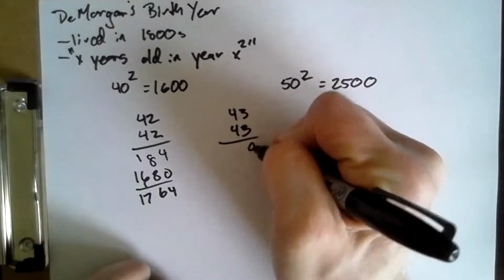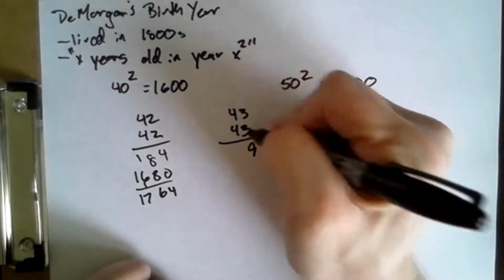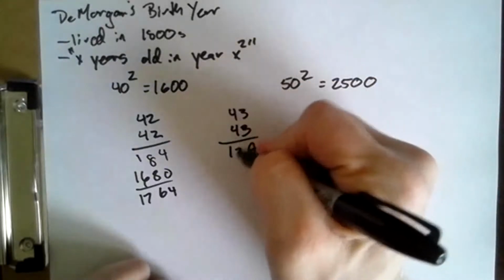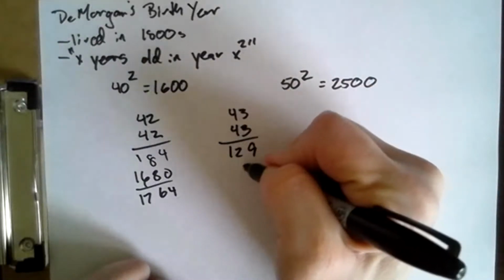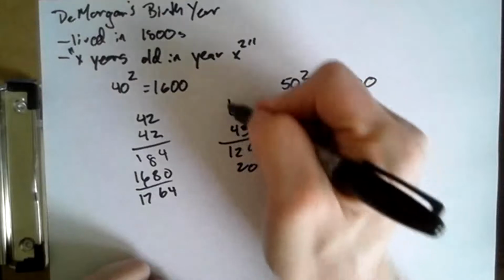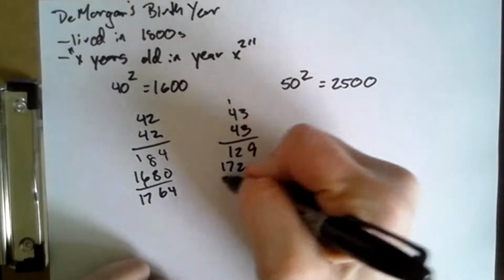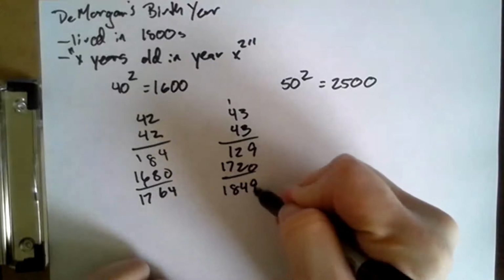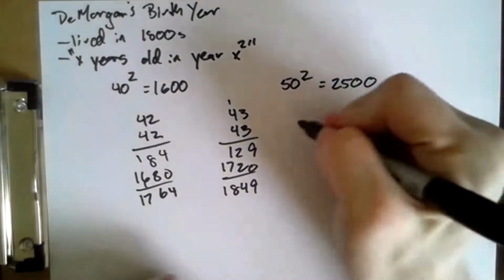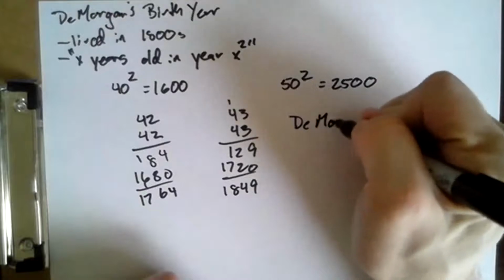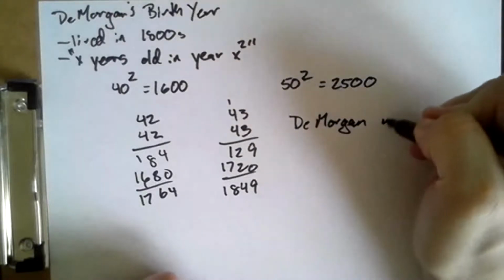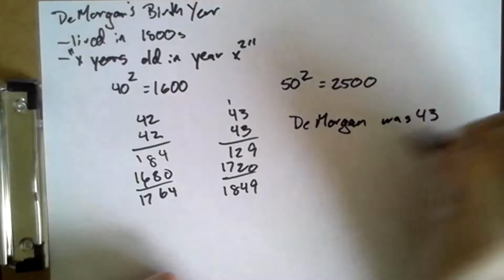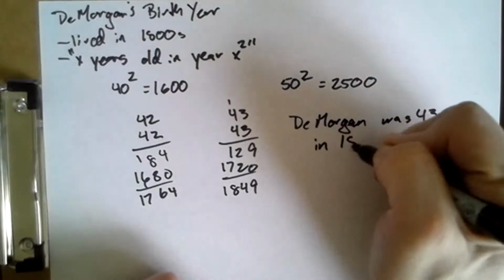43 times 43, we get a 9. 4 times 3 is 12. 3 times 4 is 12, carry the 1. 16 plus 1 is 17. This gives us 1849. De Morgan was 43 in 1849.